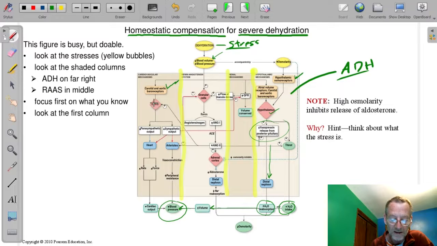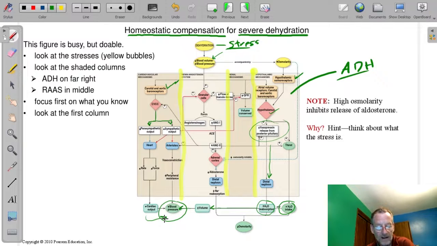Cardiovascular control center in the little box, and we have lots of different outputs. We have the parasympathetic, we have the sympathetic. You should be able to work through these boxes and follow along and make sense out of it and get back to increasing blood pressure and blood volume.